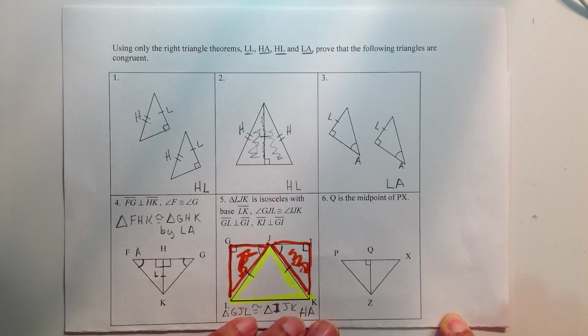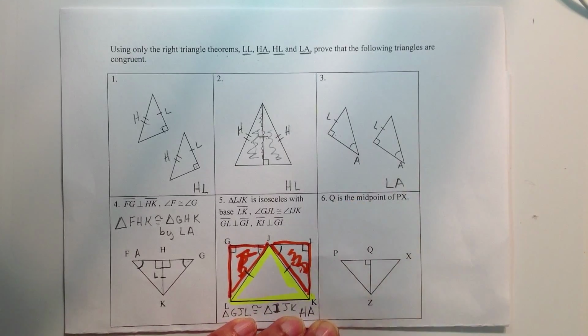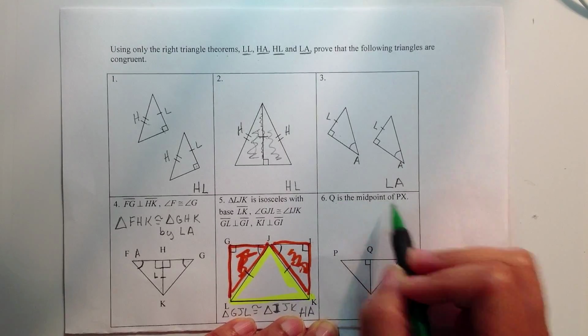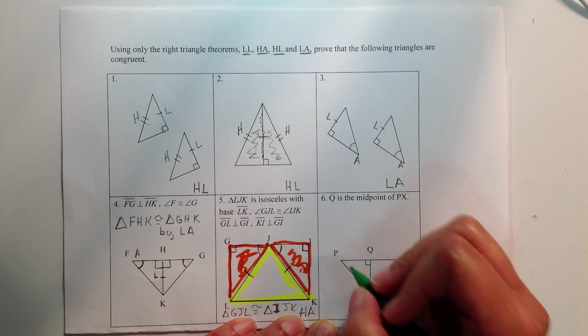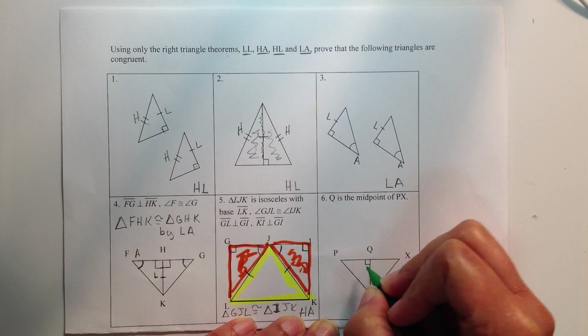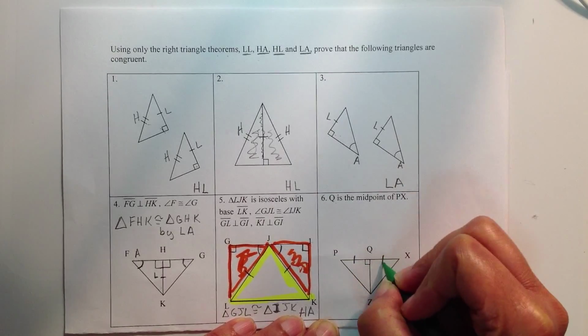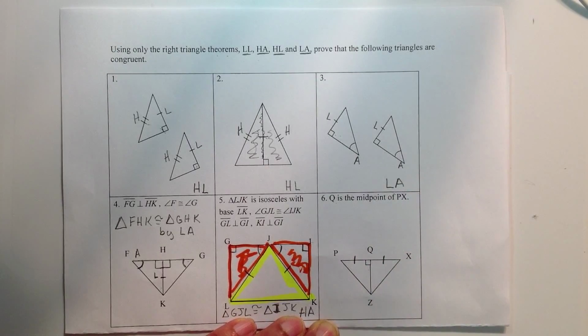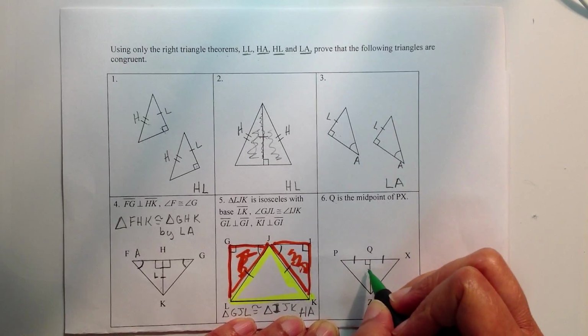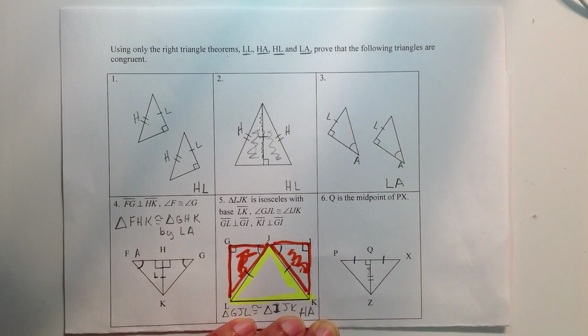All right, let's look at the last example here, and then we'll move on to doing a couple of proofs. So it says Q is the midpoint of PX. So if Q is the midpoint of PX, I know this side is congruent to this side. And I know I've got a shared leg here in the middle.